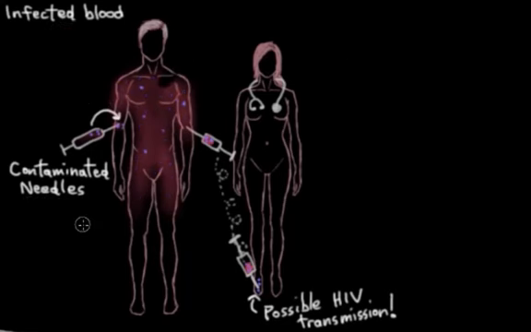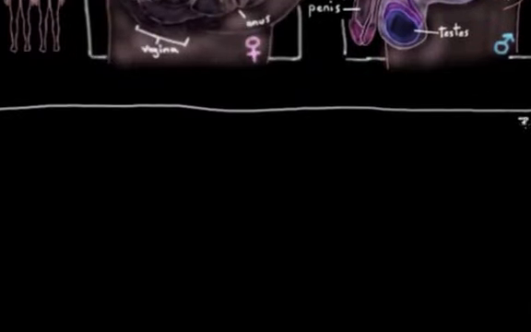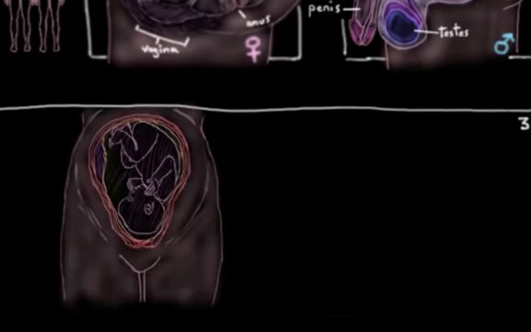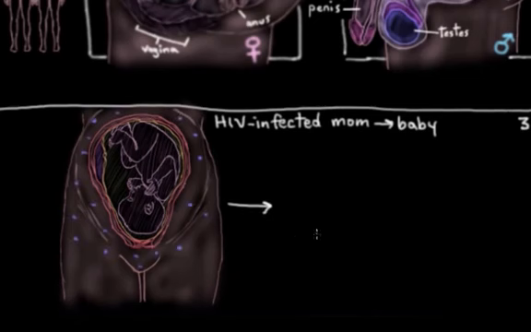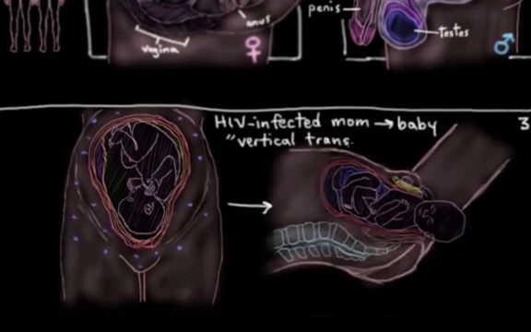Now, third quadrant: what's the third most frequent route of HIV transmission? Well, it's actually from an HIV-infected mom to her baby during childbirth. And kind of alarmingly, around 90% of the HIV that we see in kids, they actually got it in this way from their mom during their birth, which is also called vertical transmission, mom to child during gestation or during birth.